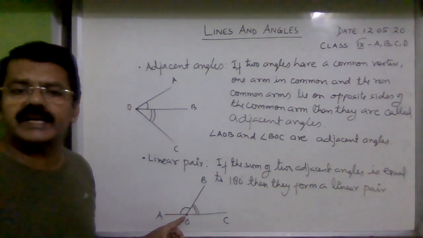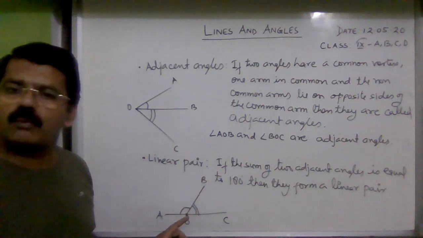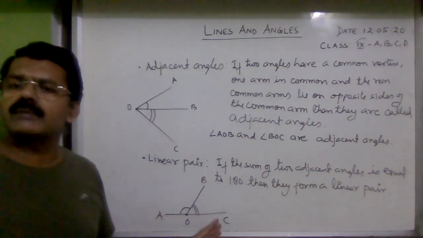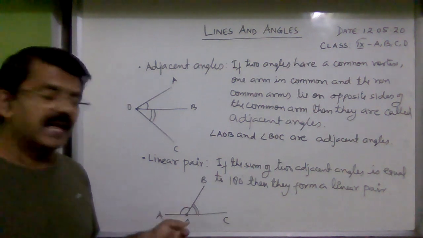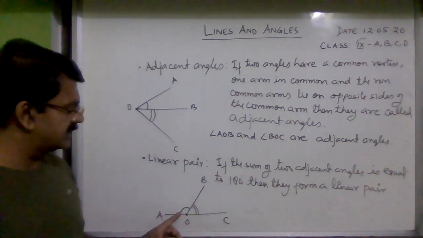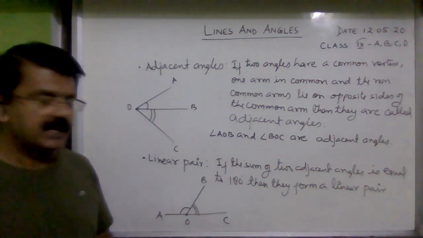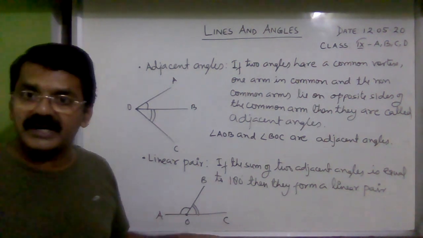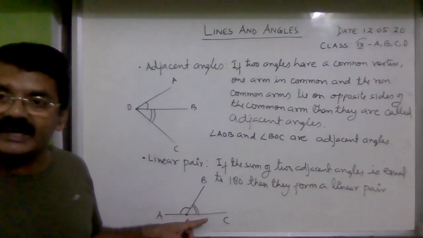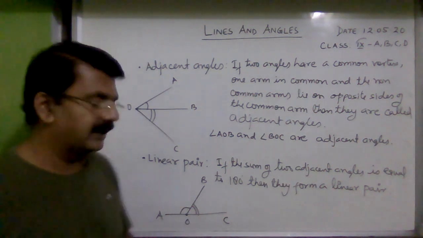O is the common vertex, OB is the common arm, and the non-common arms lie on the opposite side of OB. That means angles AOB and BOC are adjacent angles, but as AOC is a straight line, their sum will be 180, so they are forming a linear pair.